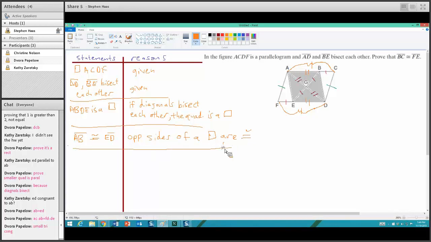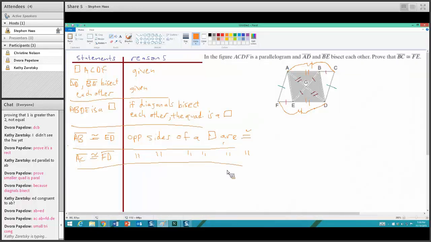And now we also have the big sides, FD and AC. So we'll say AC is congruent to FD. That's also a parallelogram. Same exact reason. Opposite sides of a parallelogram are congruent. It's a different parallelogram, but it still works. There are two parallelograms here. There's a smaller one that's in gray, and the bigger one that encompasses the entire shape.